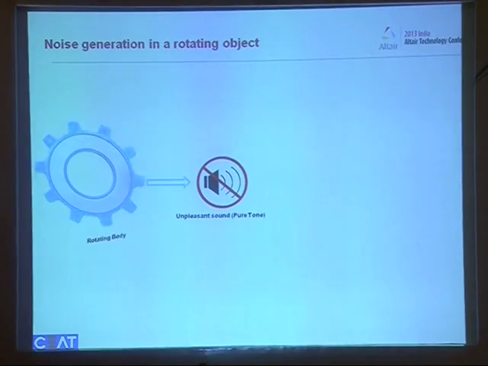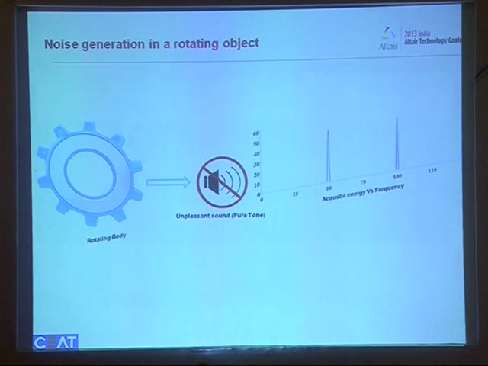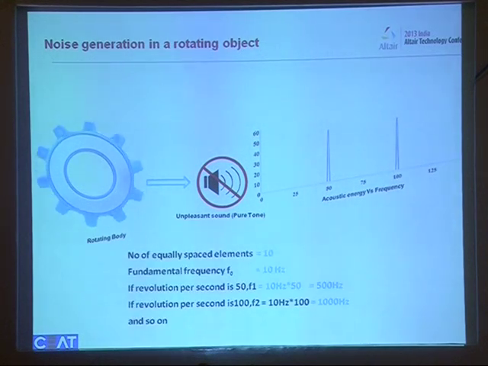A tire is a rotating body, and the basic mechanism in a rotating body is that if the objects are equally spaced, then the frequency of noise generated will be equal to the number of objects. Like here, there are 10 equally spaced elements, so the basic natural frequency will be 10. If the revolutions per second is 1, the noise will be 10 hertz.